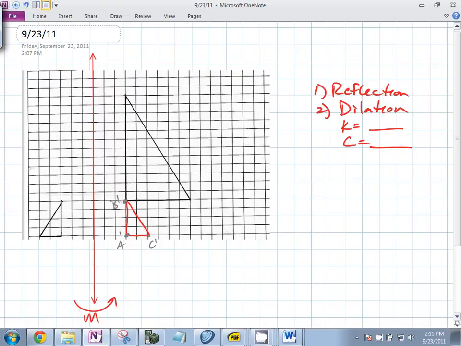Because the side that corresponds to what, Tony? A prime, C prime, you mean? Corresponds to B, whatever that one's going to be. So you know that the corresponding side, or what you think is the corresponding side, what's the length of that? What's the length of this one? 6. So it looks like the scale factor is going to be 3.